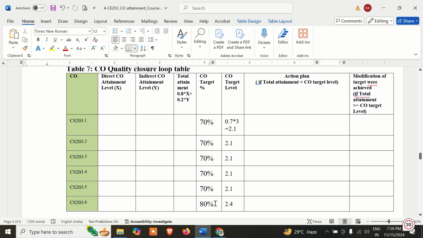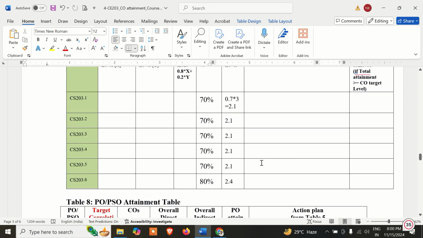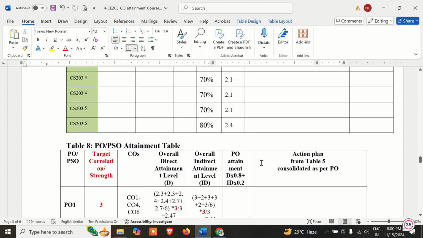Or here we said 80% of the maximum, 0.8 into 3 is 2.4. So this is your CO target, and you will get the CO attained here. Then you will come to know whether the target is achieved or not. If the target achieved is less than the target set, then give an action plan, or you set a new target if it is already achieved, or you can continue with the same target if you decide so.